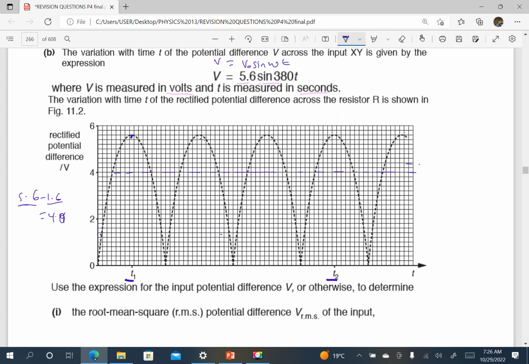So starting from T1 up to T2, this part is charging, the capacitor is charging, and then the discharging part starts from T1 as required.